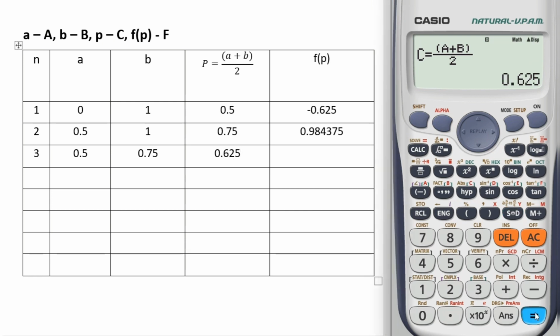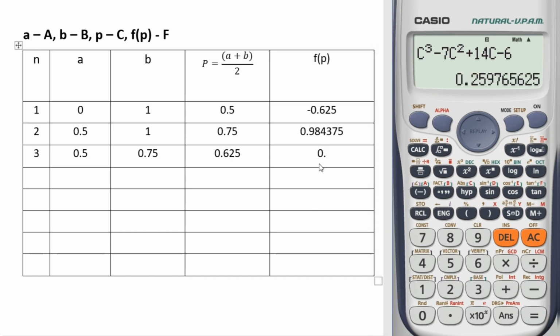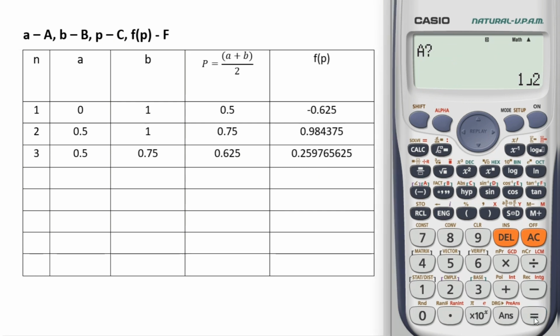Again equal, we have 0.259765625, a positive value. Therefore, in the fourth iteration our root is between 0.5 and 0.625.